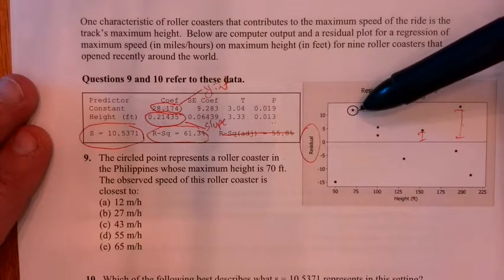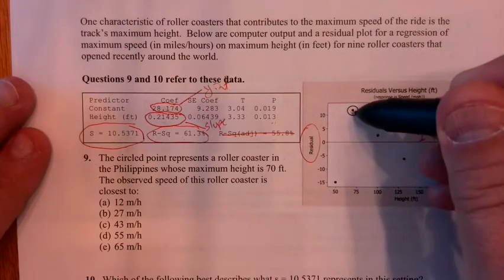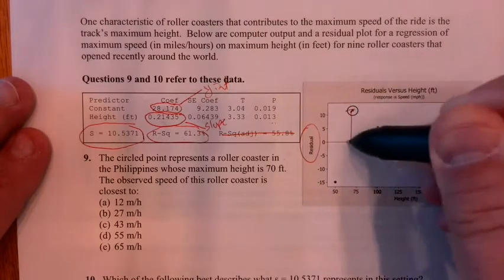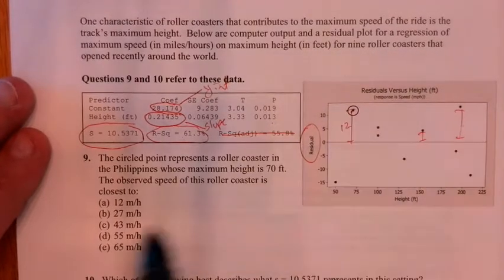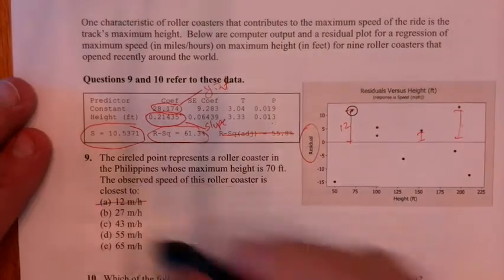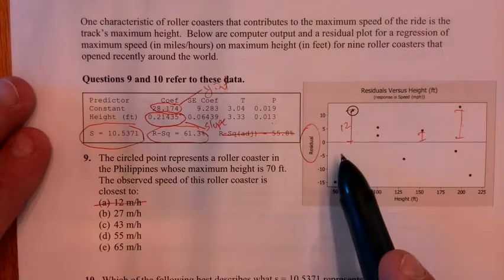The observed speed of this roller coaster is closest to... I see it's at about 12, maybe 12-ish. But that's wrong, because that's the residual. That's the distance above its prediction.